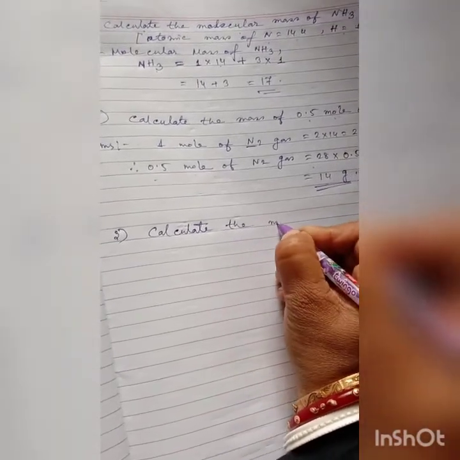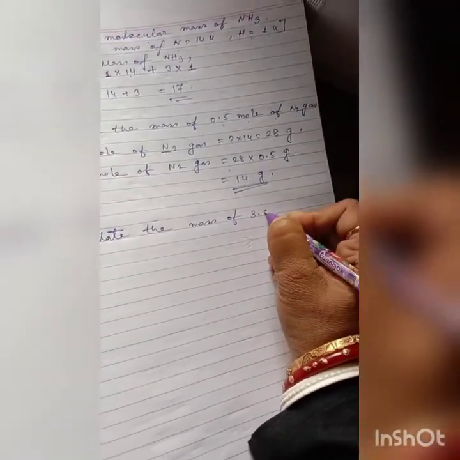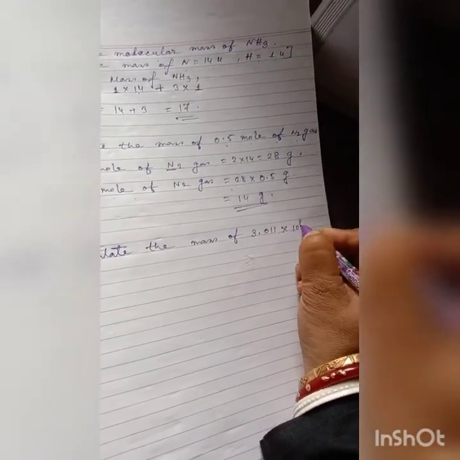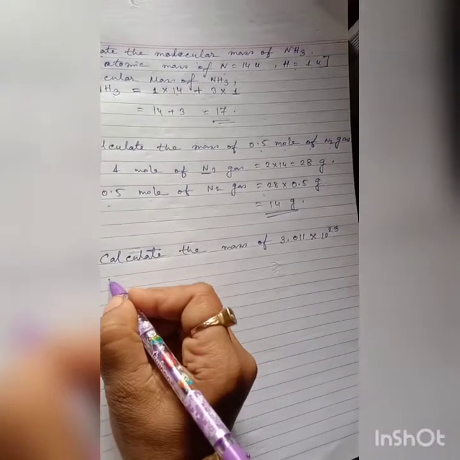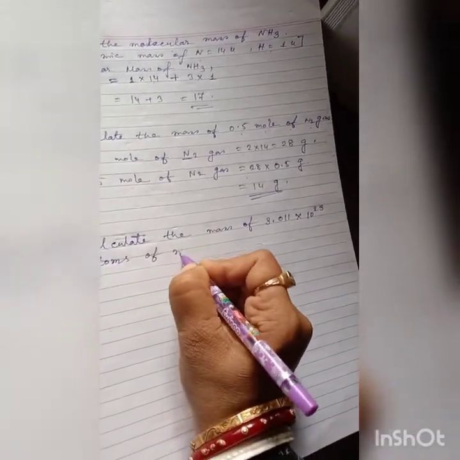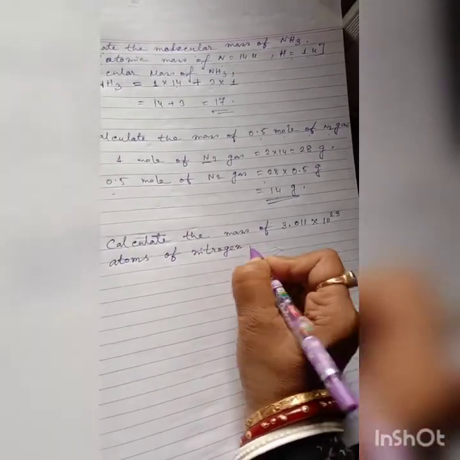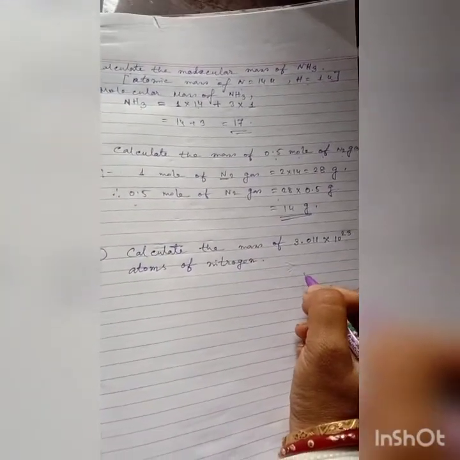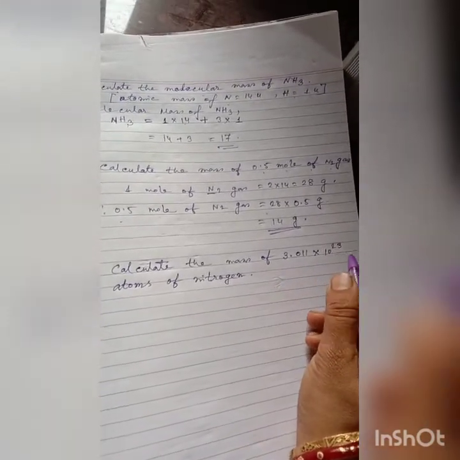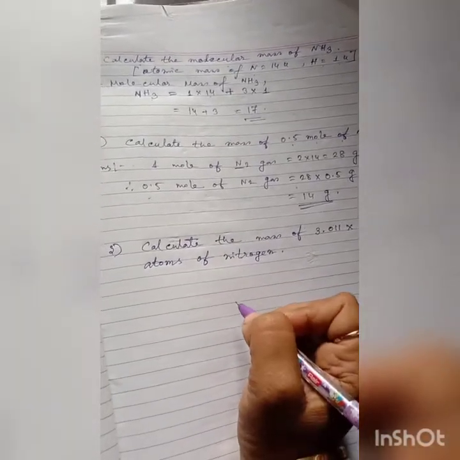the mass of 3.011 into 10 to the power 23 atoms of nitrogen. Okay, calculate the mass of 3.011 into 10 to the power 23 atoms of nitrogen.